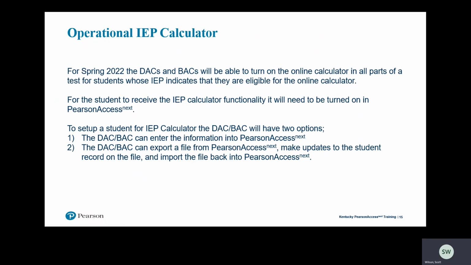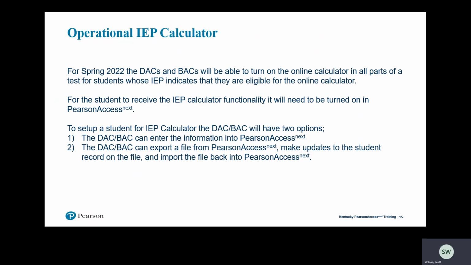New for spring 22, the DACs and BACs will have the ability to turn on the online calculator in all parts of a test for students whose IEP indicates they are eligible for the online calculator. For a student to receive the IEP calculator, it will need to be turned on in Pearson Access Next.